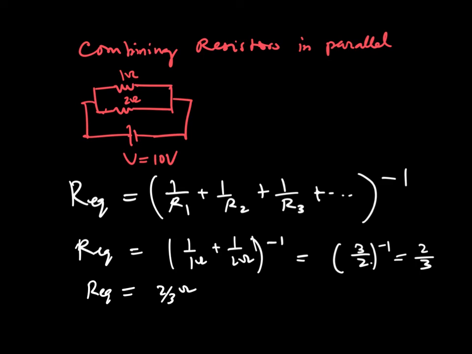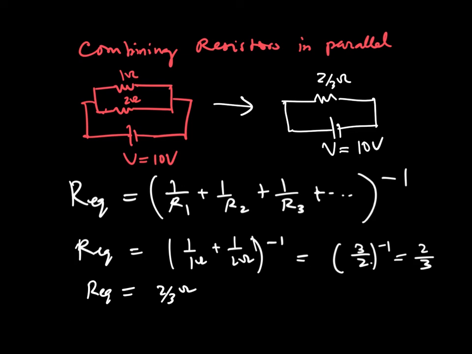So what this means is that this circuit shown here is the same as a single resistor of value 2 over 3 ohms wired in series with a battery of 10 volts.